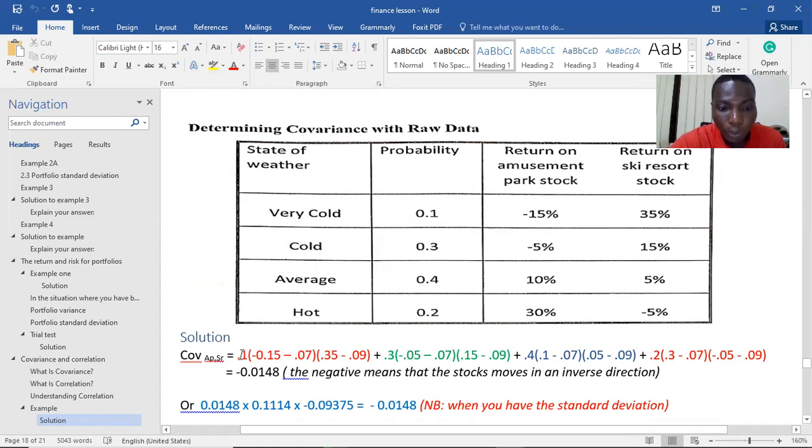So when you pick the probability for 1, you do for 1 horizontal finish, then go to the next one. So negative 0.1, negative 0.15 minus its expected return, 7. Multiply by the 35 you are seeing here, minus its own 9. So if you are going this minus expected, you go this minus expected.